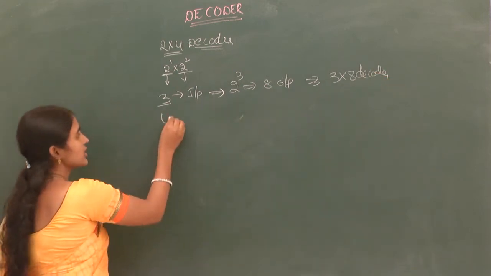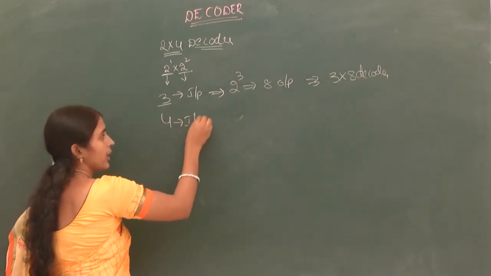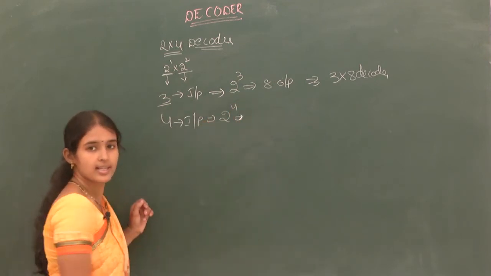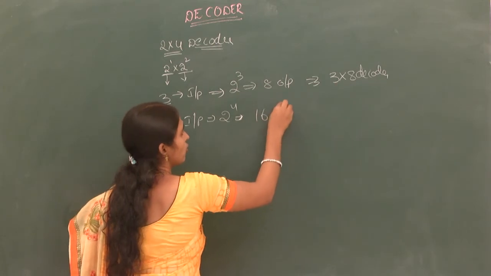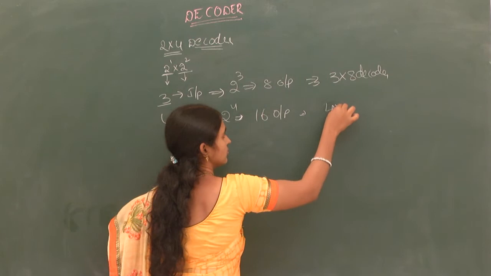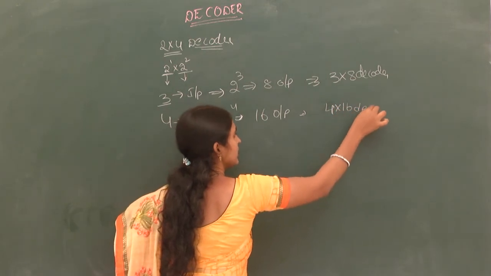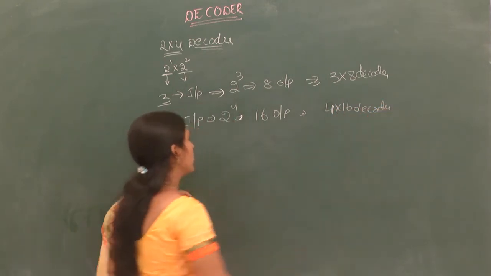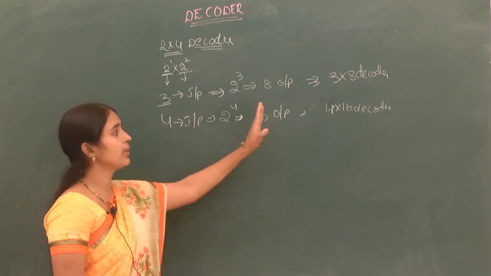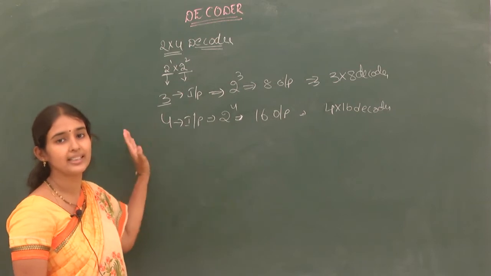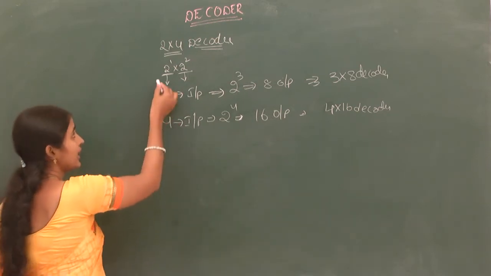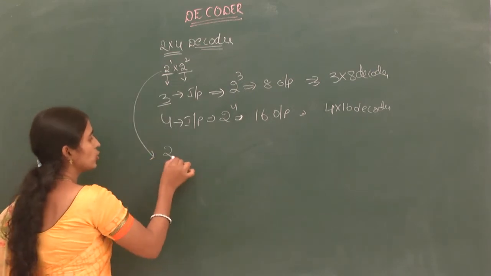If it is a 4 input, you have 2^4, that is 16, so 4 by 16 decoder. Like this, you can take any number of inputs and have more outputs. That is a multi-input and multi-output device. Now let us consider a 2 to 4 decoder.